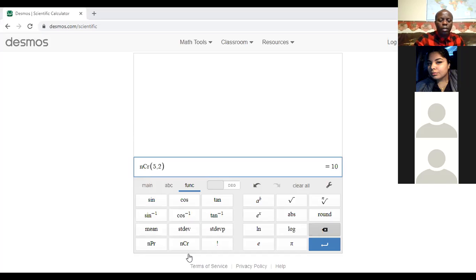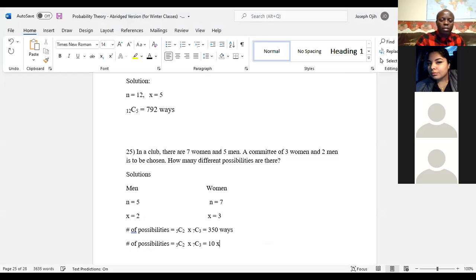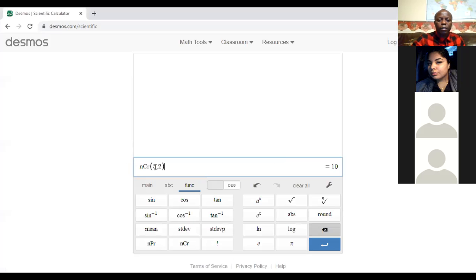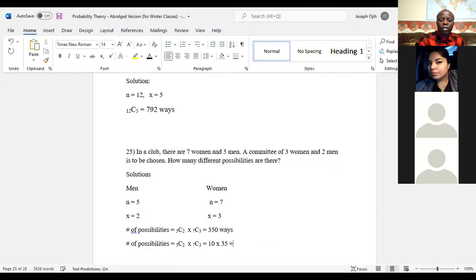Times, for women, 7,3 gives 35. That's better, right? Multiply 10 times 35, and we get 350 ways. You can do it that way too.